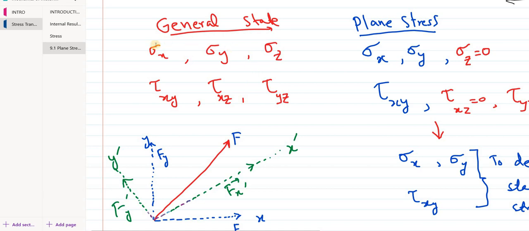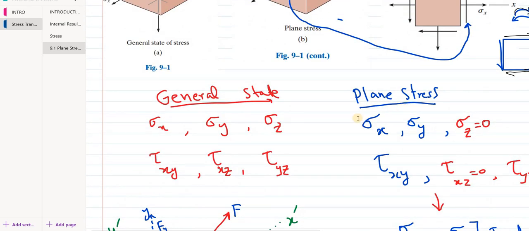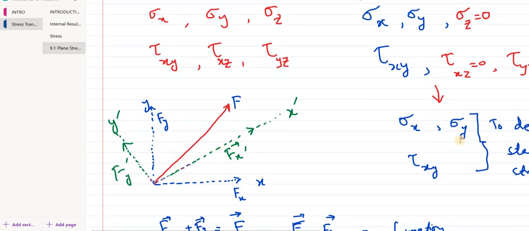But stress in 3 dimensions requires knowing 3 normal components of the stress, sigma x, sigma y, sigma z, and these three shear stress components. In case of two dimensions, a vector is completely defined by two components, as you can see over here.